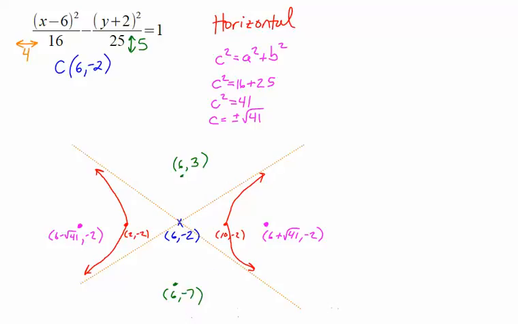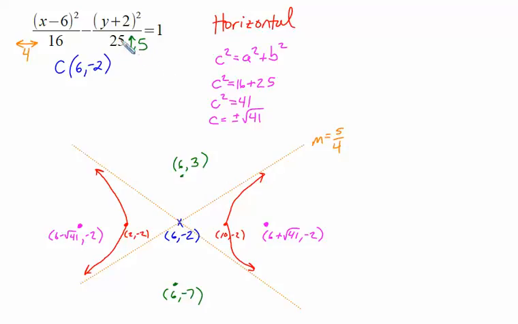The other thing that needs labeled on our picture would be the equations of our asymptotes. Now, as we saw in class, we're looking at the denominator from y and the denominator from x, but we're really looking at their square roots. So the slopes of these lines respectively should be that this line is going to have a slope of positive 5/4.